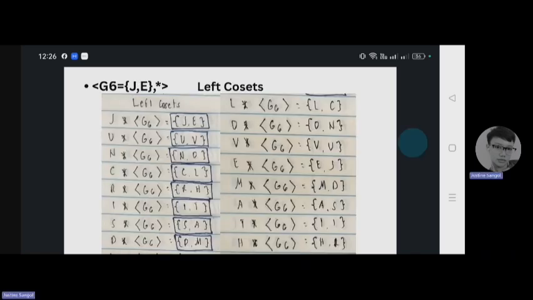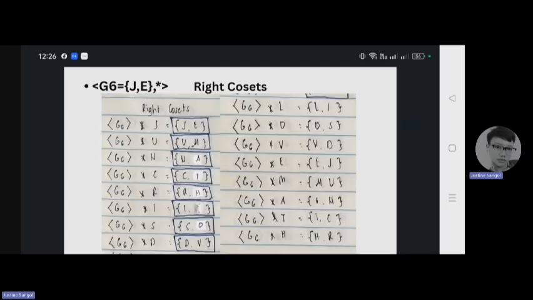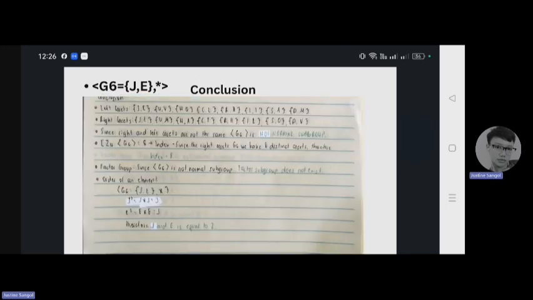So the next is subgroup G6, which has an element of G, E under operation star. So this is the left coset, this is the right coset, and this is the conclusion. So the left cosets are GE, UV, NO, CL, RH, IT, SA, DM.